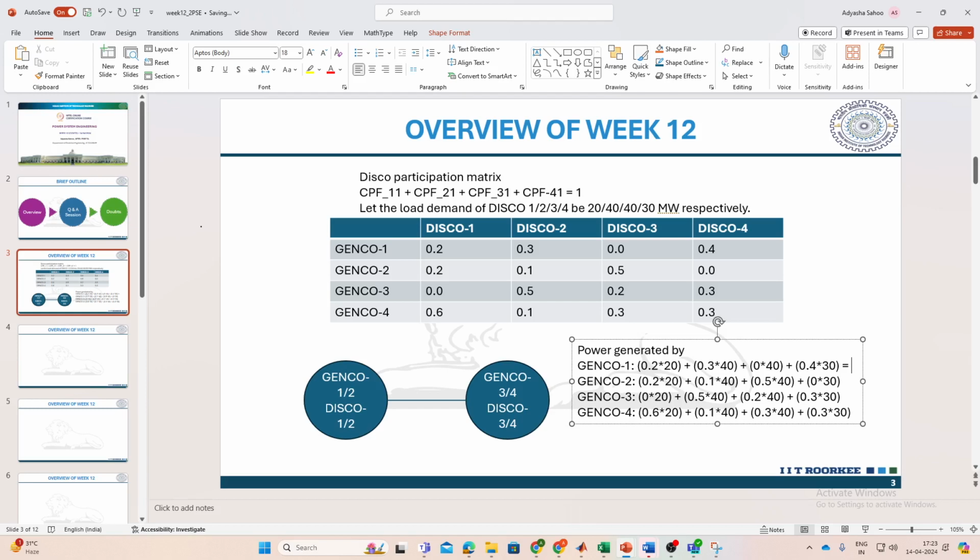If you calculate this, it will come to something like 4 plus 1.2 plus 0 plus 1.2, that will be 6.4 megawatt.